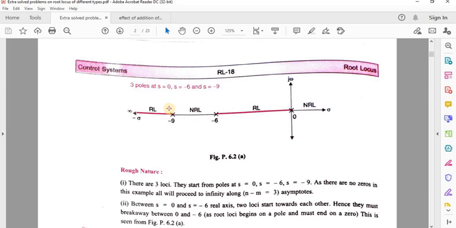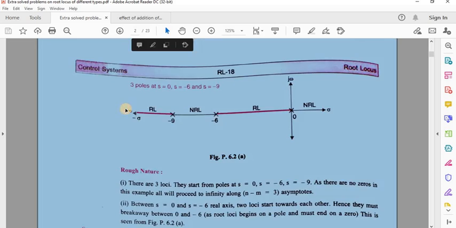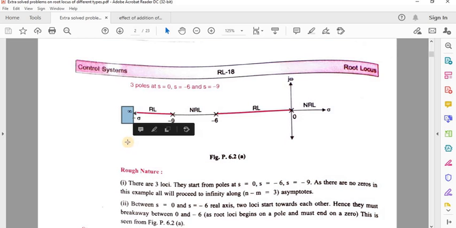So there is no loci present from -6 to -9. And for the last part, toward infinity, we can check. Exclude minus infinity.